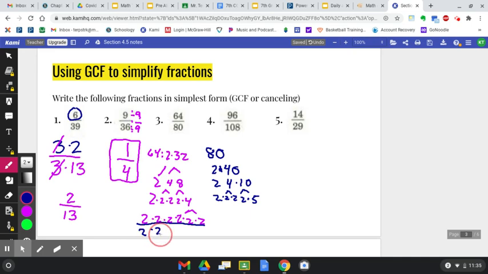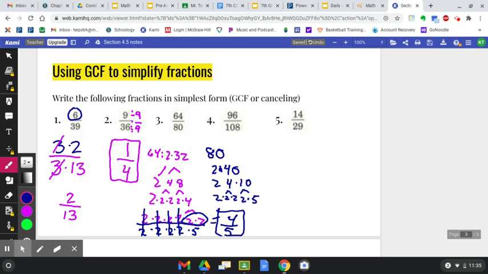So 2 times 2 times 2 times 2, there's 4 of them, and then times 5. So every pair, top and bottom, I can cancel out. Looking at what's left over on top, we have 4. What's left over on bottom, we have 5. So we have 4/5 is the simplified form.